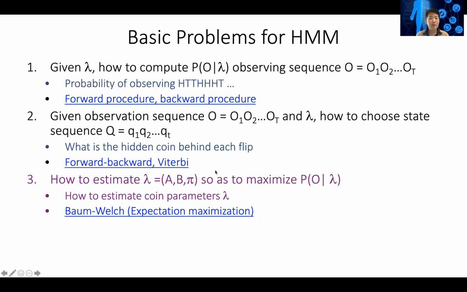The first of the three problems in hidden Markov models is: given that the parameters for the hidden Markov model are all provided, how do we compute the likelihood of a particular observation?